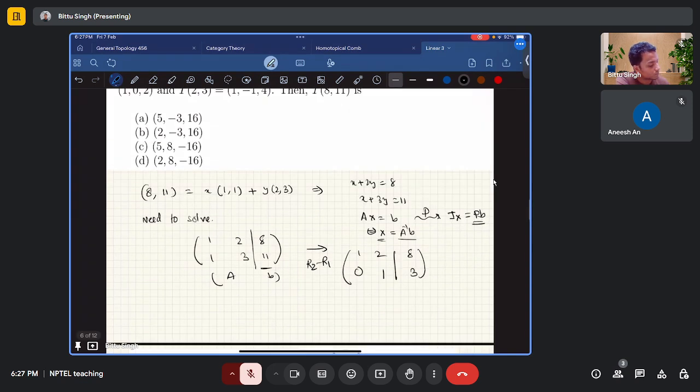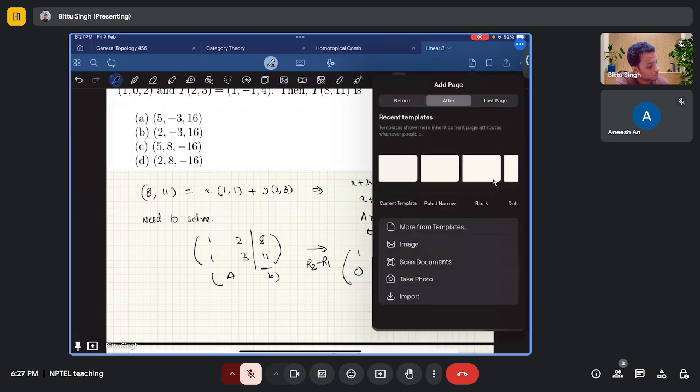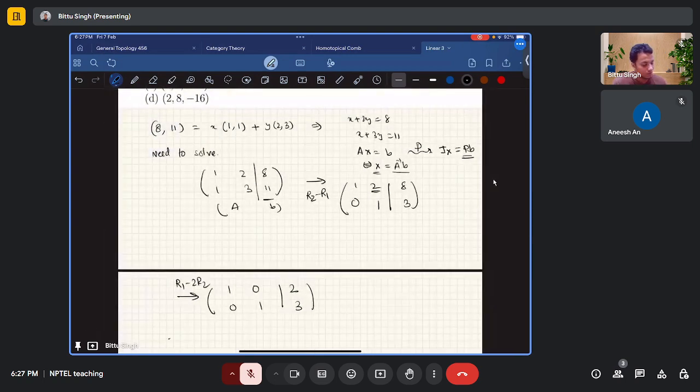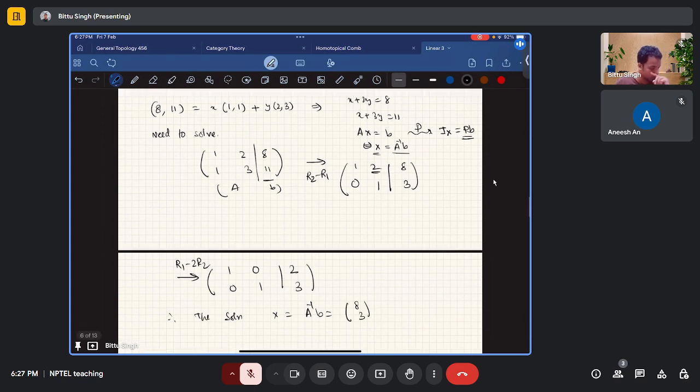Again apply row operations, that is R1 minus 2 R2, so that these two get cancelled. 1 0, 8 minus 6 which is 2, 0 1 3. Therefore the solution X is the same as A inverse P, which is the same as 8 comma 3, right?